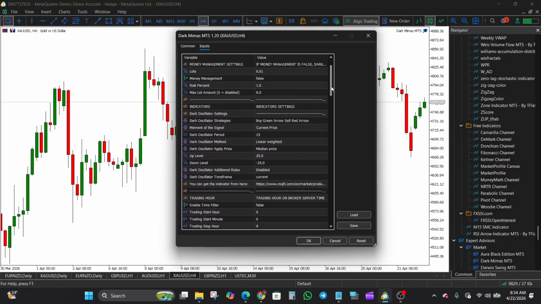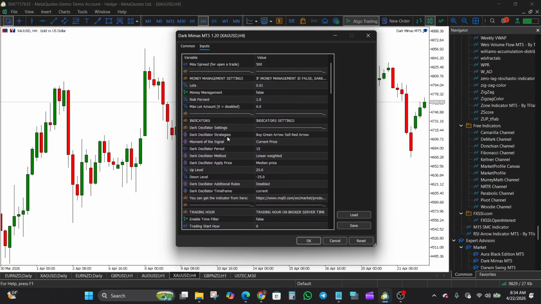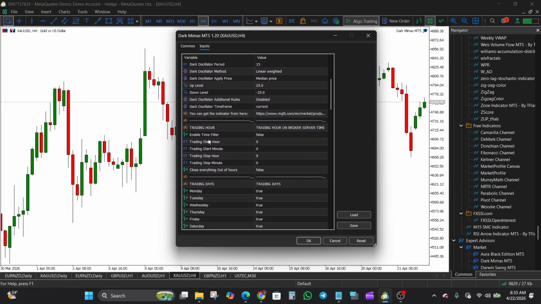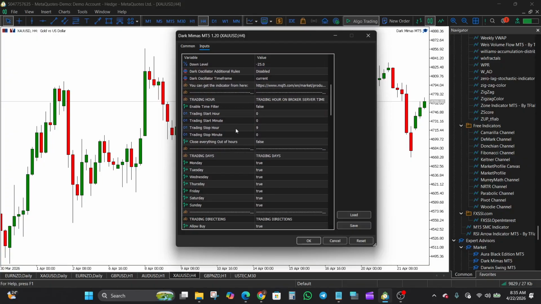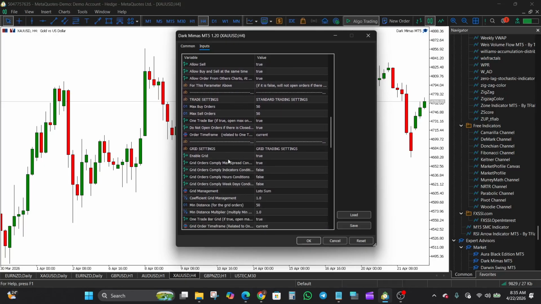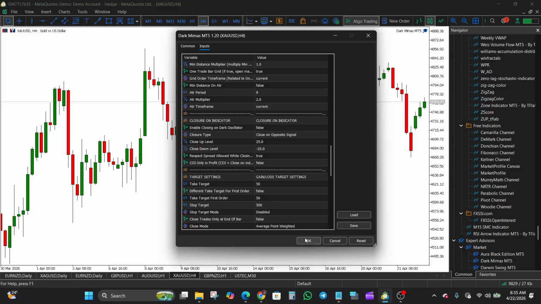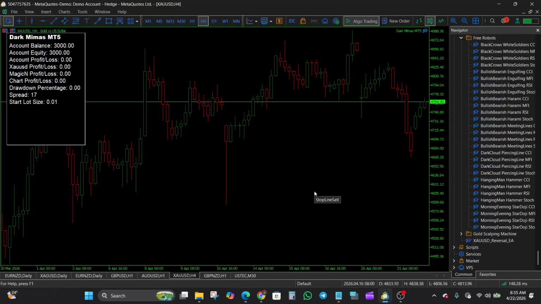If you want to modify your risk, you can see here the indicators. You can see the money management settings, the time filter that we talked about, right? You can see trading days, trading directions, trading settings, grid settings, and all of those, right? Feel free to modify these EA settings according to your taste.